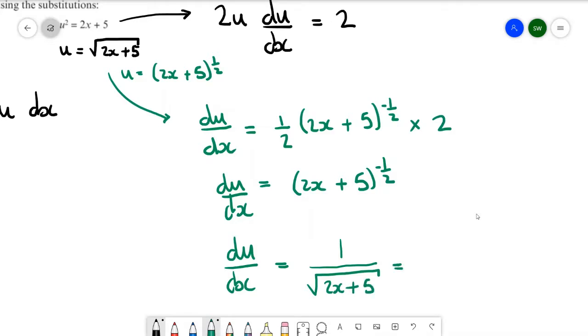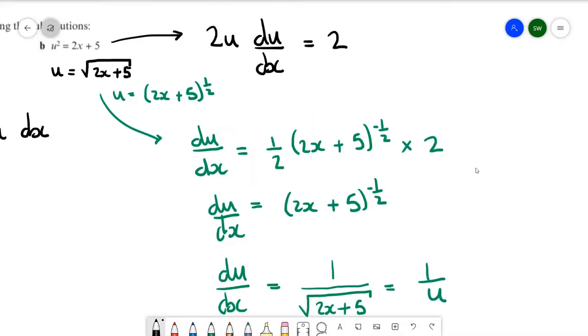But the square root of 2x plus 5 is just u, so this is 1 over u. And this is exactly the same as we got before with implicit differentiation, because we could divide through by 2, and then we'd divide through by u to get du by dx equals 1 over u.